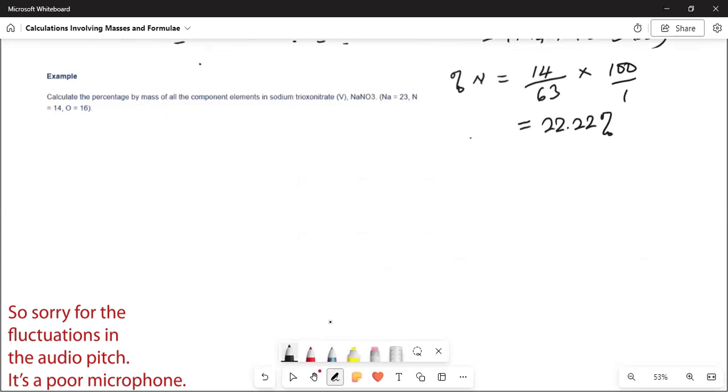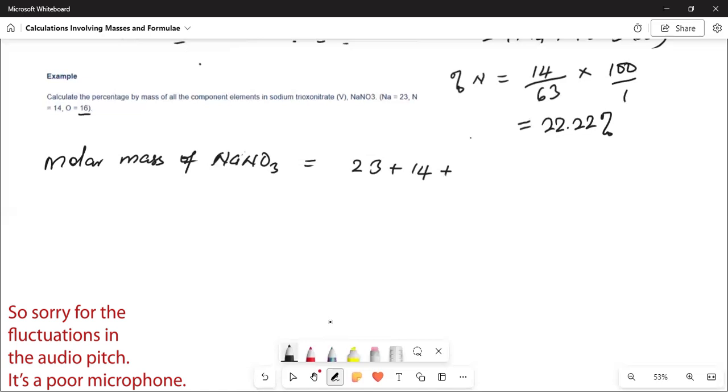And the last one here says calculate the percentage by mass of all the component elements in sodium nitrate. Sodium nitrate is NaNO3. So we need to get the molar mass of that. Molar mass of sodium nitrate. Now sodium is 23, nitrogen is 14, while oxygen is 16 as the mass of the atom. Now we have one atom of sodium in sodium nitrate, that is 23, plus also one atom of nitrogen, that's 14, but 3 atoms of oxygen, and 1 atom of oxygen is 16.